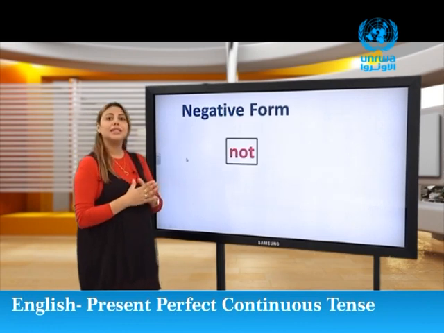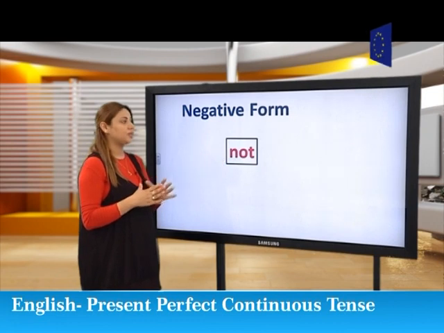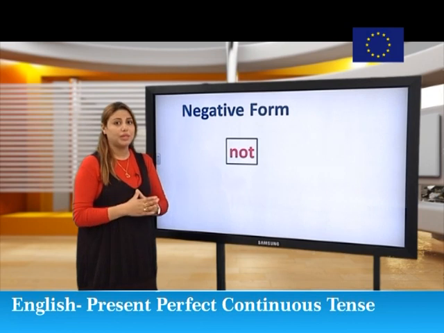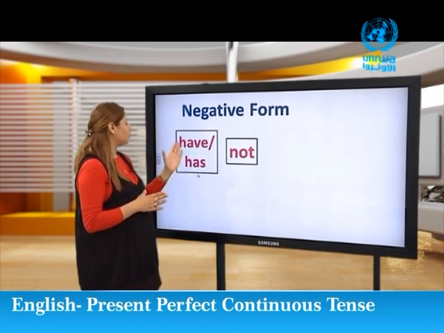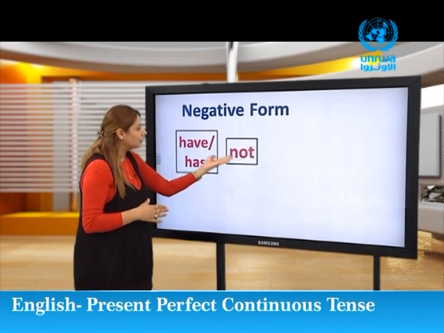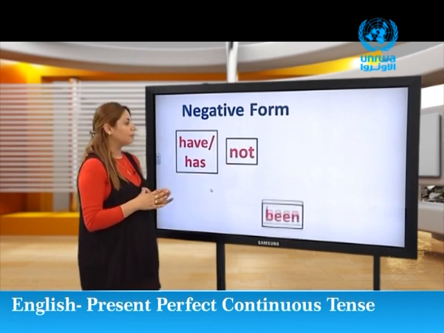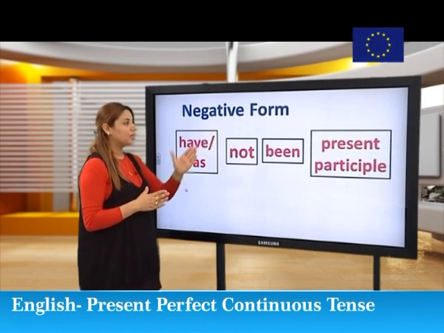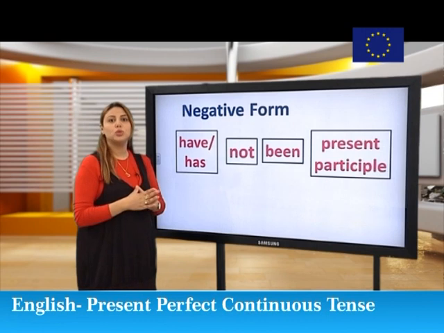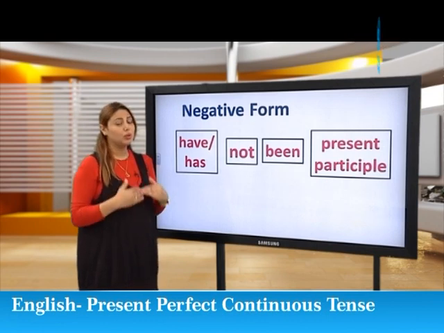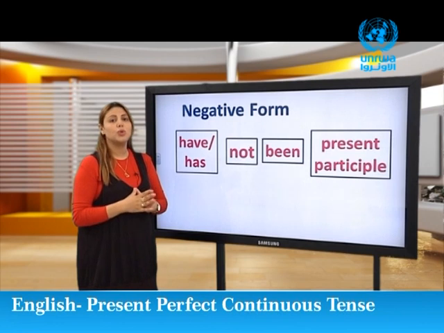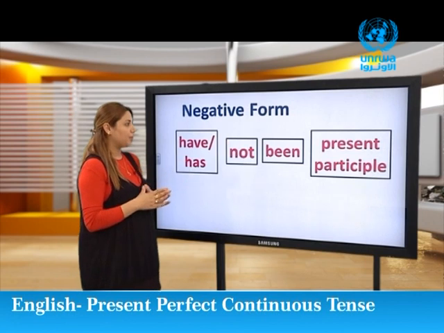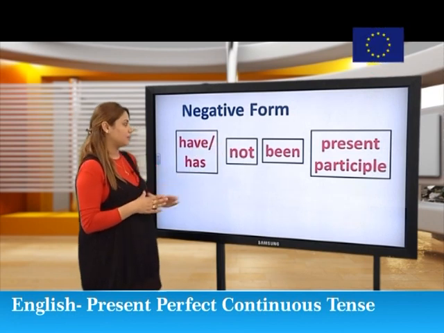Let's go to the negative form with not. كيف نكون صيغة النفي من هذا الزمن باستخدام not. Have or has ثم بعدها نضع not ثم بعدها كلمة been وفي النهاية the present participle أي الفعل مضافا إليه ing. مرة أخرى كيف نكون صيغة النفي or the negative form: have or has plus not plus been plus the present participle.